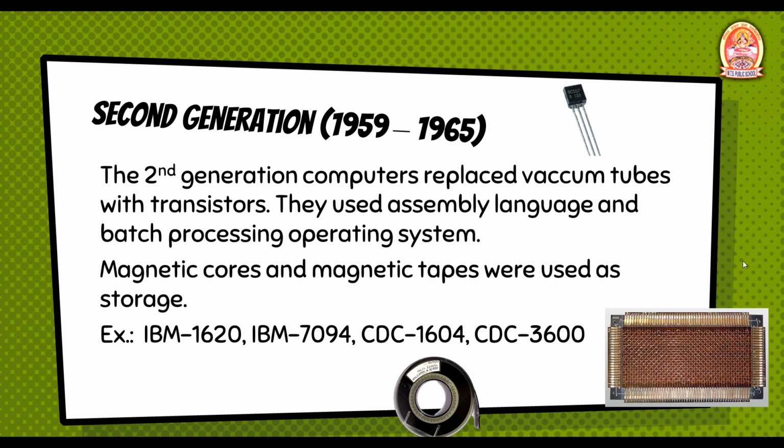Due to this change, size of computer got reduced, which was great help for operators. Also, it produced very less amount of heat as compared to first generation of computers. It uses assembly language and batch processing operating system.